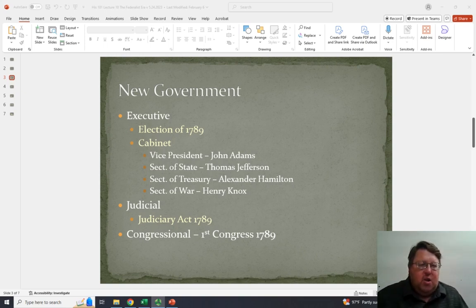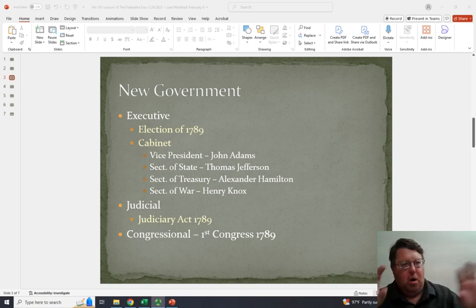And again, you already have state judicial systems, so you're trying to balance that power between state judicial systems and a federal judiciary. Congress passes the Judiciary Act of 1789.